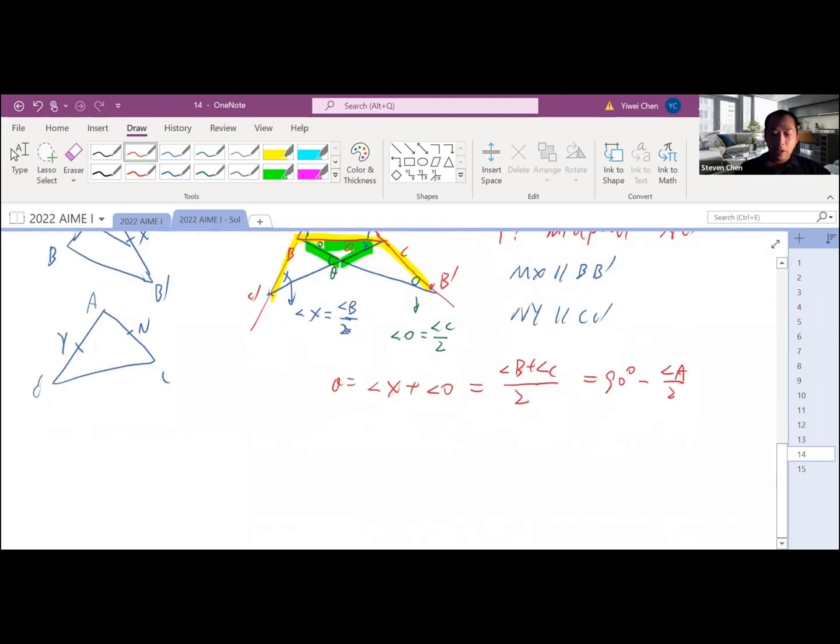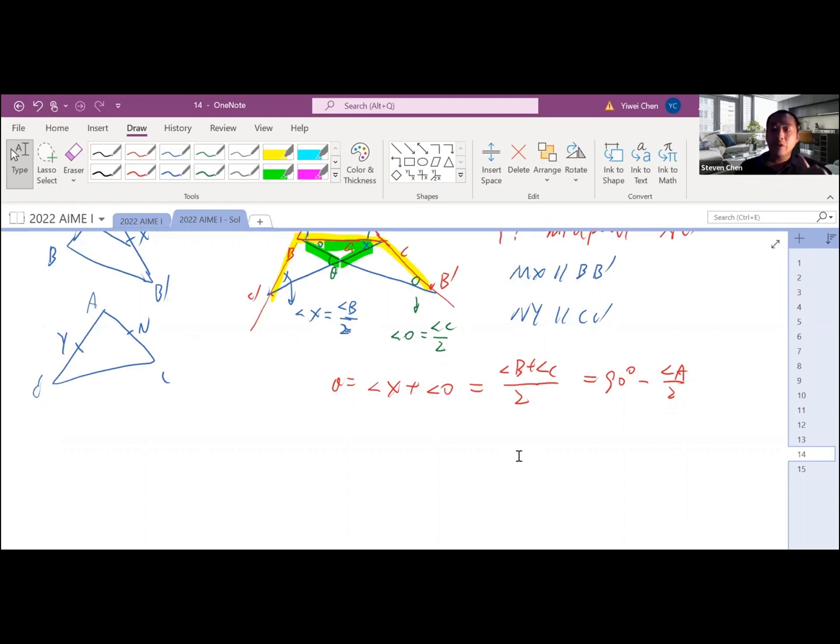All right. So recall that this problem tells us that the angle formed by these two lines, BB prime and CC prime, is 30 degrees. So actually, there are two ways to understand 30 degrees. One is to say that theta is exactly equal to 30.